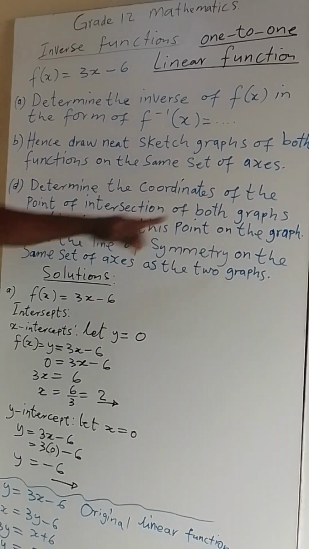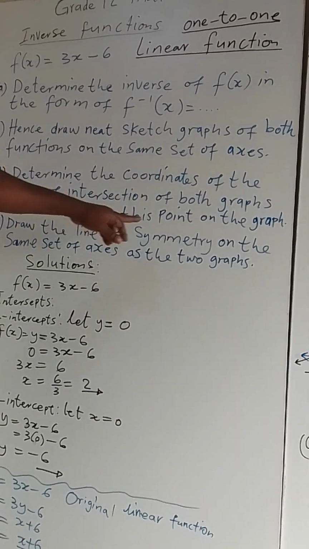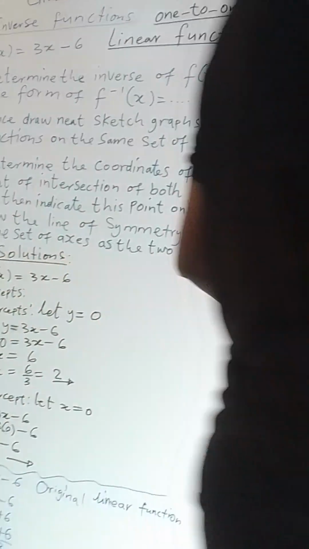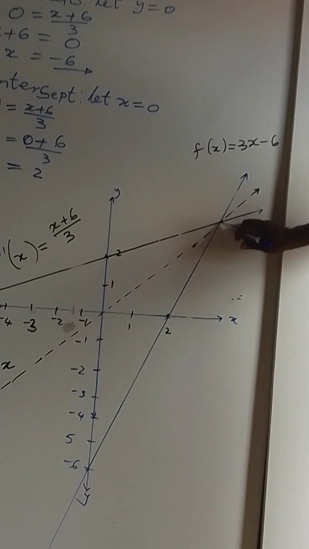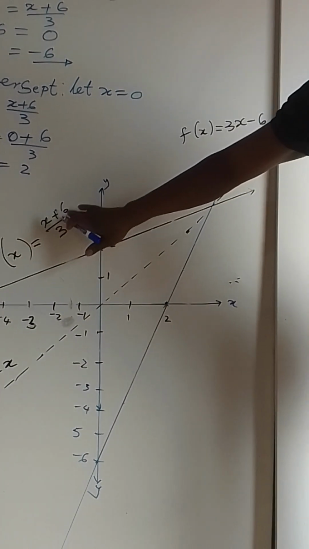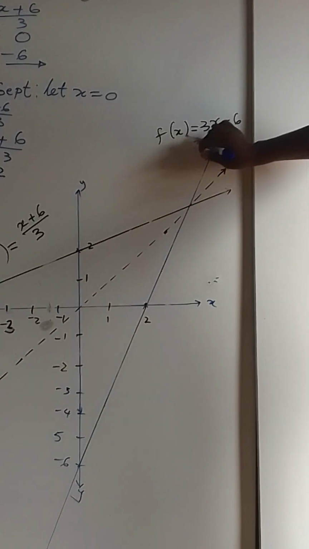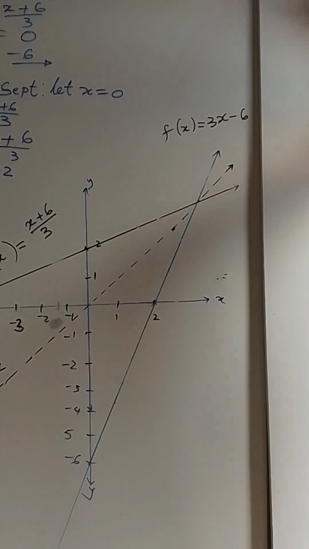Point D says determine the coordinates of the point of intersection of both graphs and then indicate this point on the graph. In order for us to find the point of intersection, at this point the graph of (x plus 6) over 3 is equal to the graph of 3x minus 6 at that point.